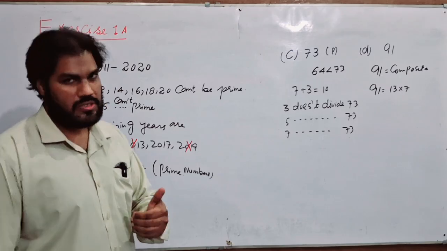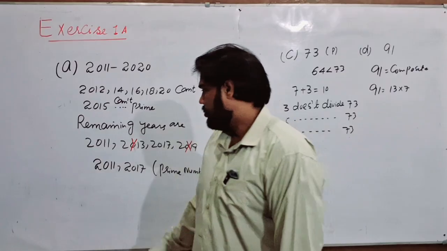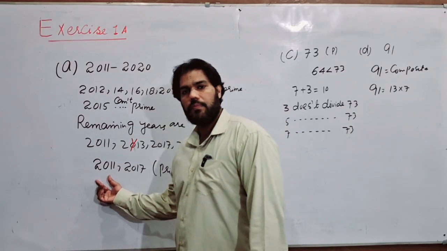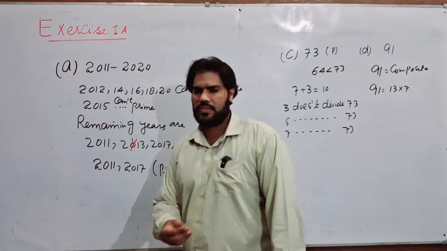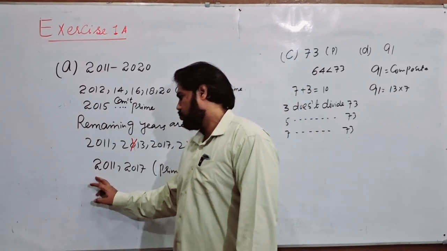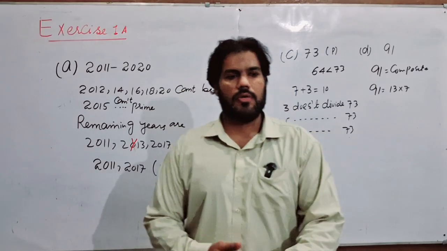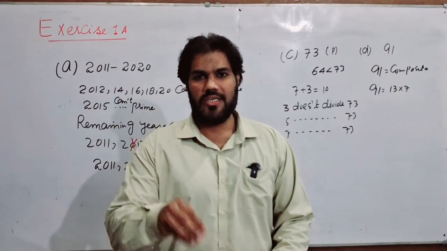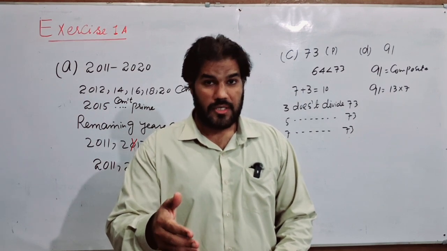So this is your exercise, your assignment. You have to find a whole number which is a perfect square. This can be done very easily. You will take the square root of 2011. The square root will be in decimal form, so take its integral part.